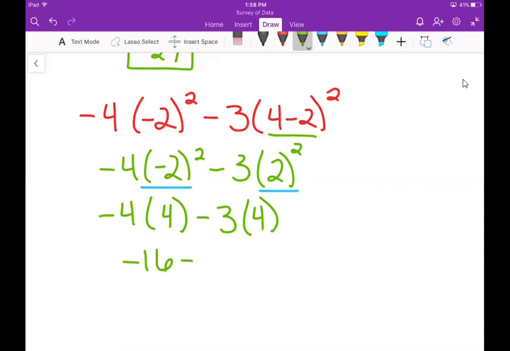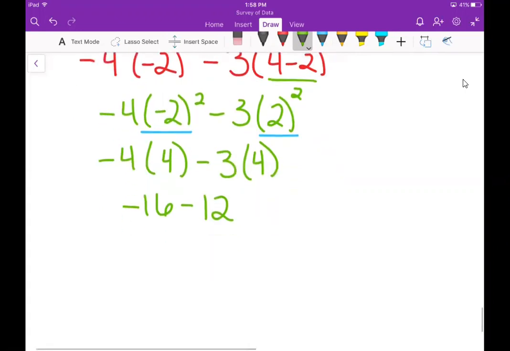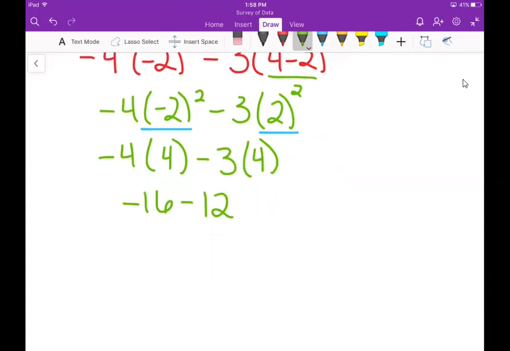And then I've got a minus sign, and I can take 3 times 4, which is 12. My last operation is to subtract, and when I take -16 minus 12, I get -28, and that's my final answer there.